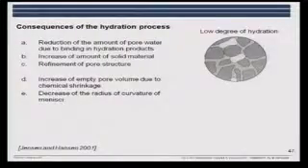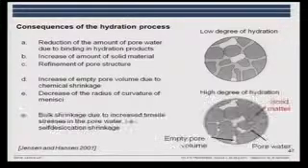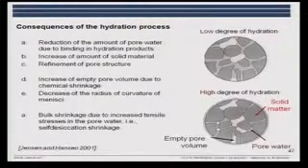Then we have an increase of empty pore volume due to the chemical shrinkage when hydration proceeds, and we have a decrease in the radius of curvature of the menisci. This is illustrated here, where you can see that now we also have smaller empty pores, and the radius of the menisci is decreased.